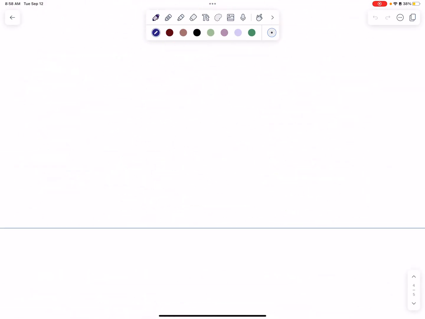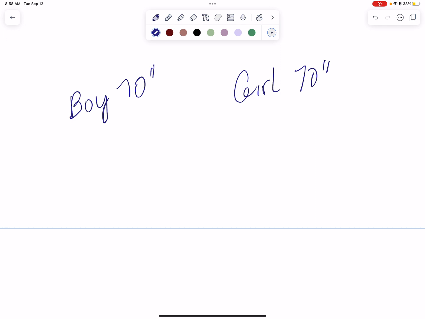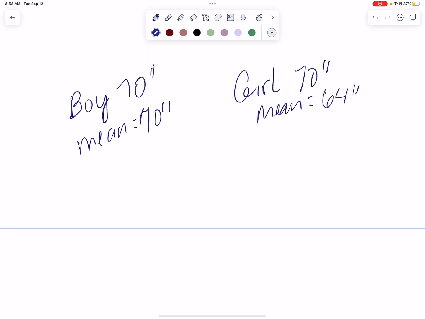If a boy is 70 inches, so 5'10", and a girl is also 70 inches, the mean of boys is actually 70 inches, and the mean of girls is actually 64 inches. And the standard deviation is 2.5 inches, and same thing here.